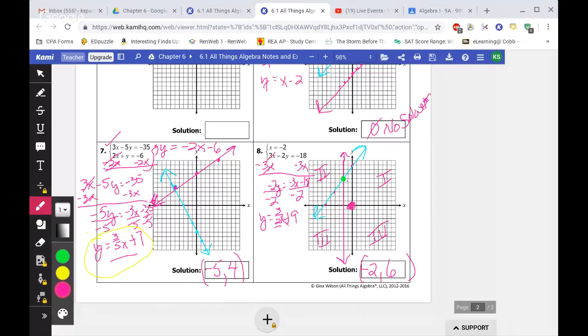Would you say that your y-intercept is going through about the same place? No, actually, I'm so sorry. The first equation is in pink. Would you say it's going through the 7?